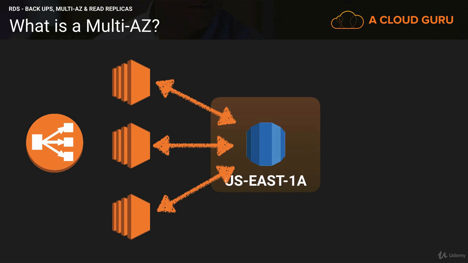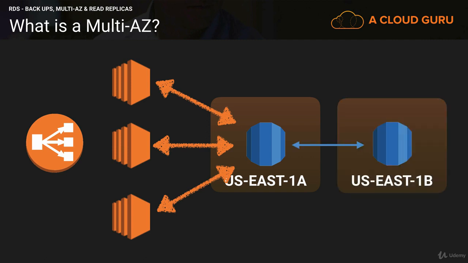If these EC2 instances make any writes to the database in 1A, any changes to that database will be synchronously replicated to US East 1B. US East 1B will be an exact copy of US East 1A. It's important to understand that this is for disaster recovery only. In the event that we lose US East 1A, it will automatically fail over to US East 1B.